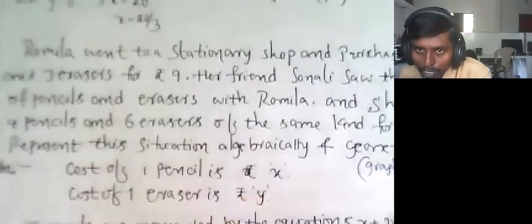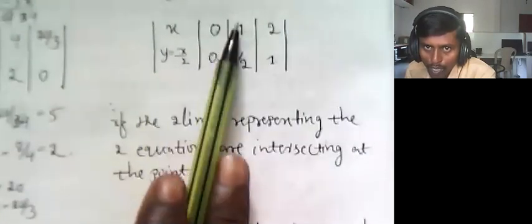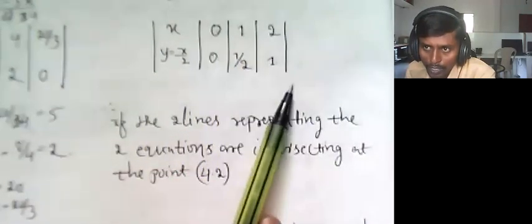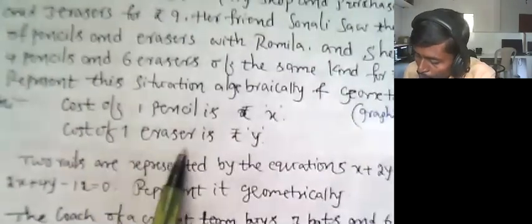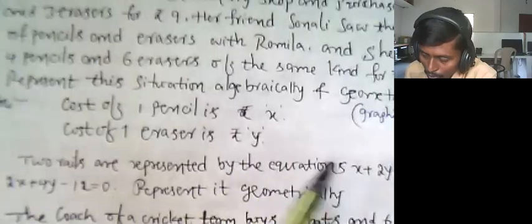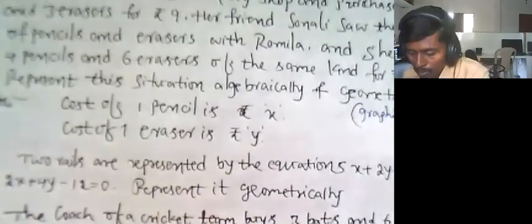Next, construction of tables, like this, X values, Y values, and these points, again 1 mark. And plotting the graph, for one line 1 mark, and for the other line another 1 mark. Therefore, this is a 4-mark question. Take this and solve.